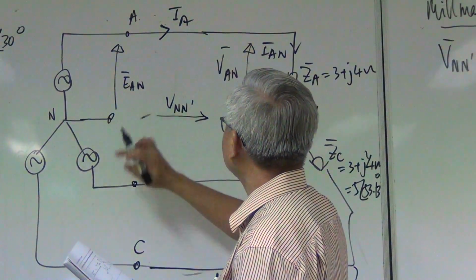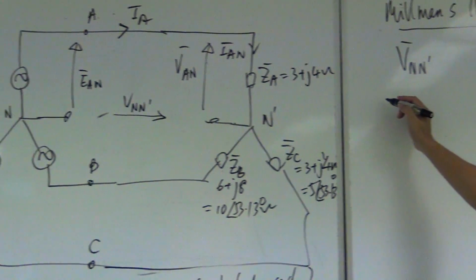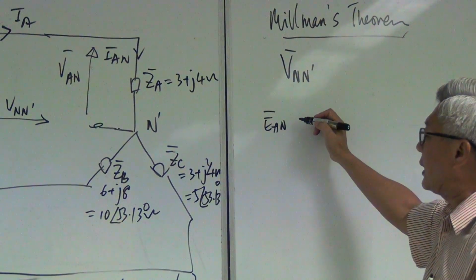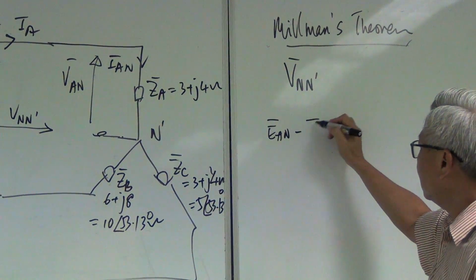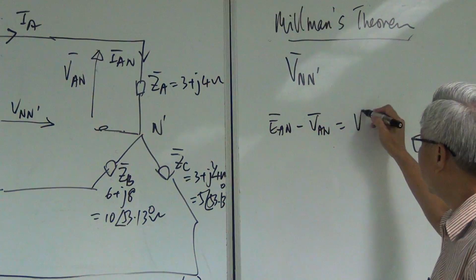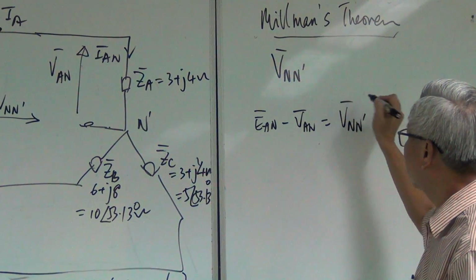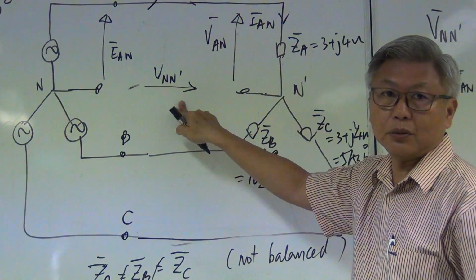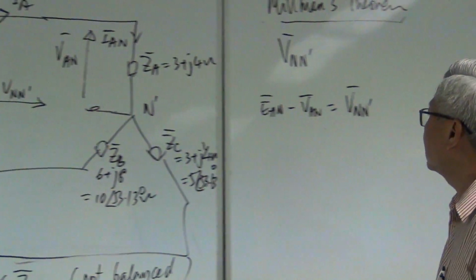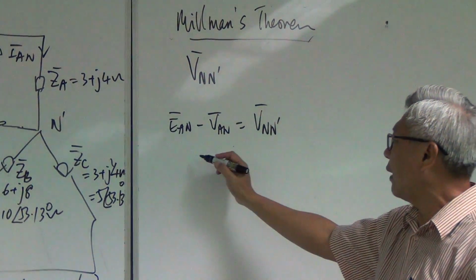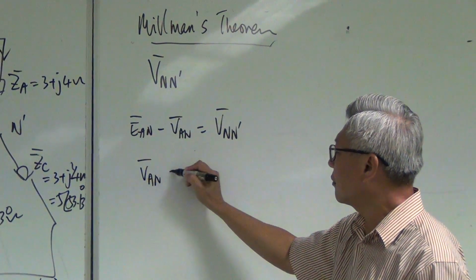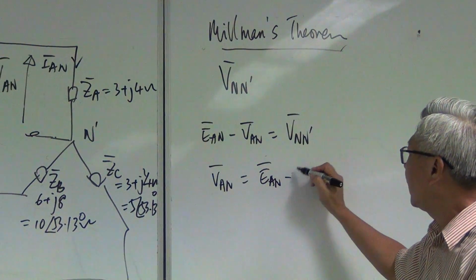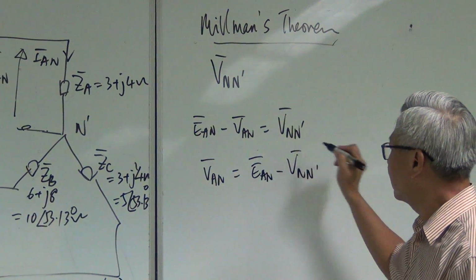So by using KVL, you will say EAN minus VAN' equals Vnn'. This one minus this one equals this one. So with that, we can find out our VAN'. VAN' is therefore equal to EAN minus Vnn'.